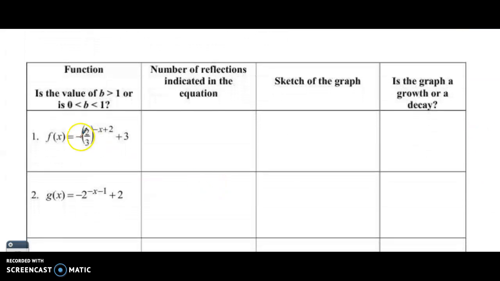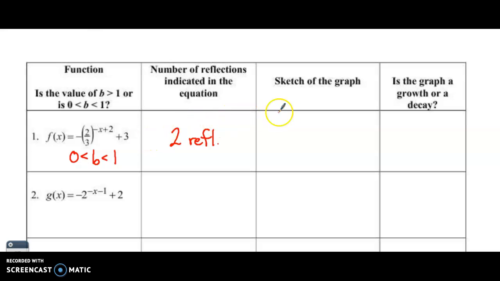So, here's a problem where we have a base that's smaller than 1. So 2/3 is smaller than 1. Normally, it's a decay problem, but we have 2 reflections.